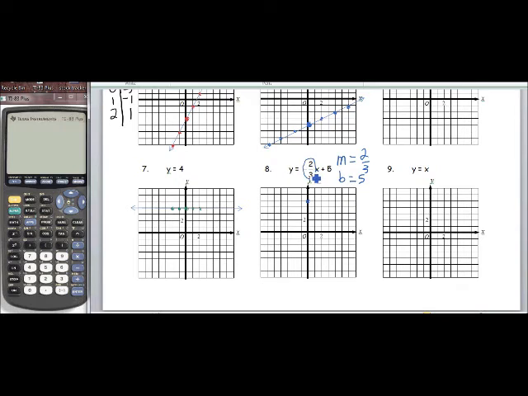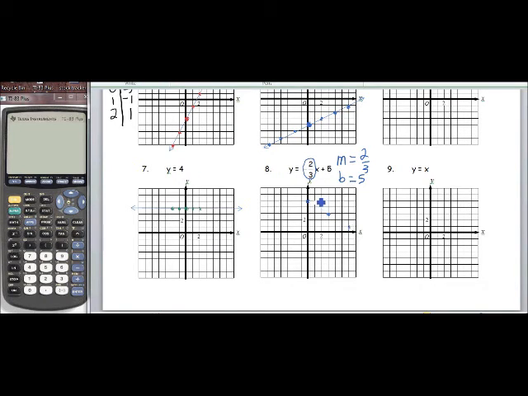Now this is negative 2 over 3. And if you read it like that, negative 2 over 3. So if I start here and I go negative 2, there's 1, 2 down, because I'm subtracting 2. And then over 3, and I always like to start to the right, 1, 2, 3, just like that. Negative 2, so I'm going to subtract 2 over 3.